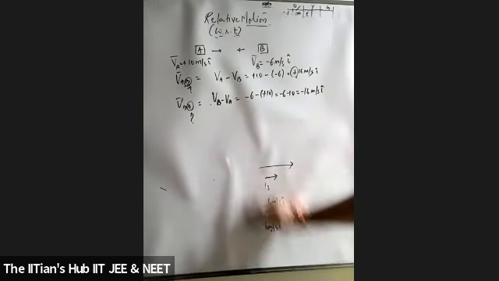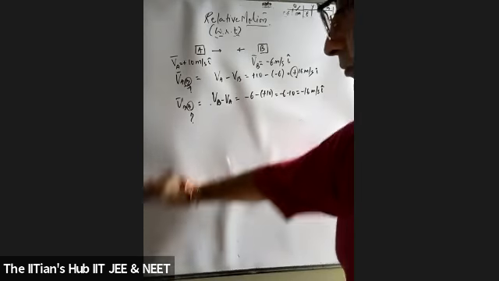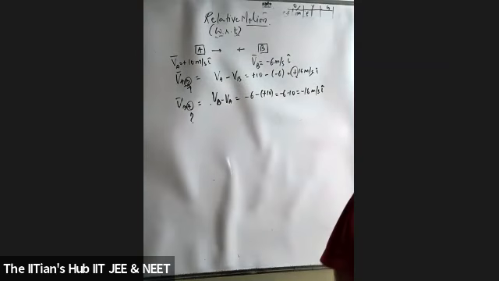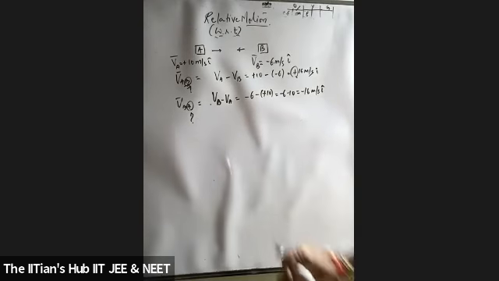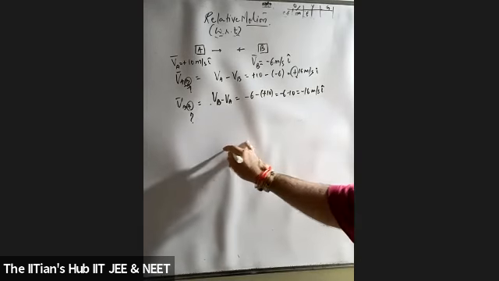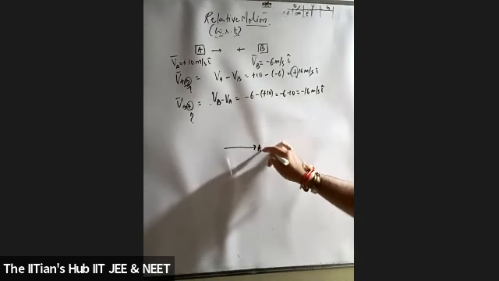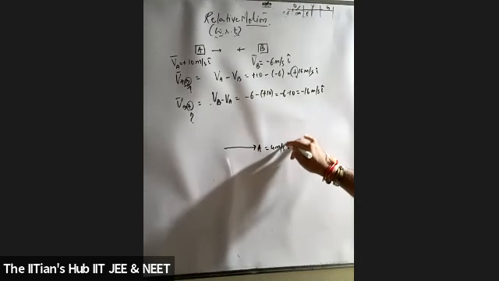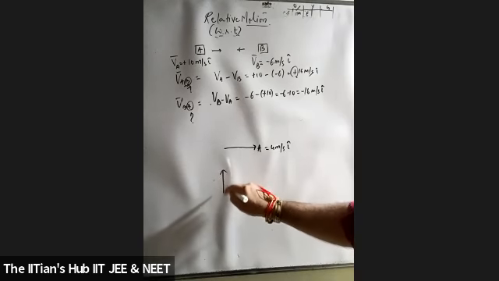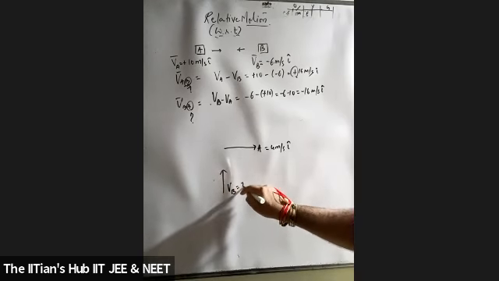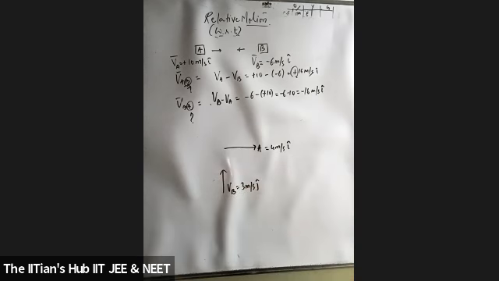Now, suppose a car is moving with 4 meters per second i cap, and another car is moving with 3 meters per second j cap.